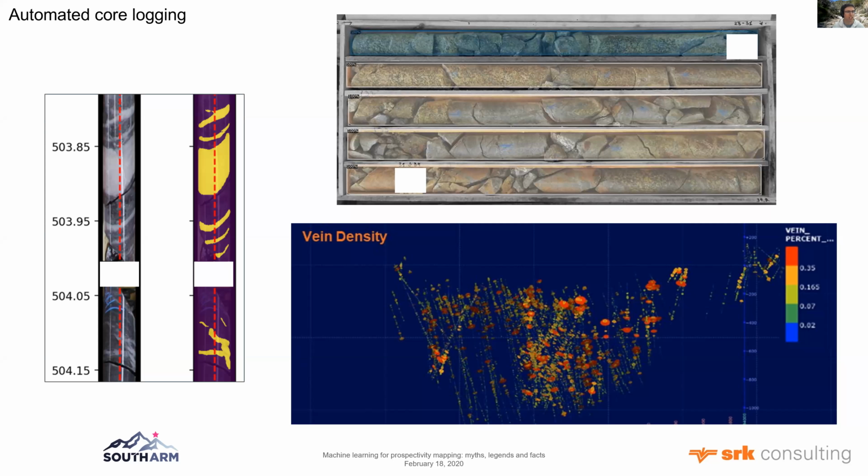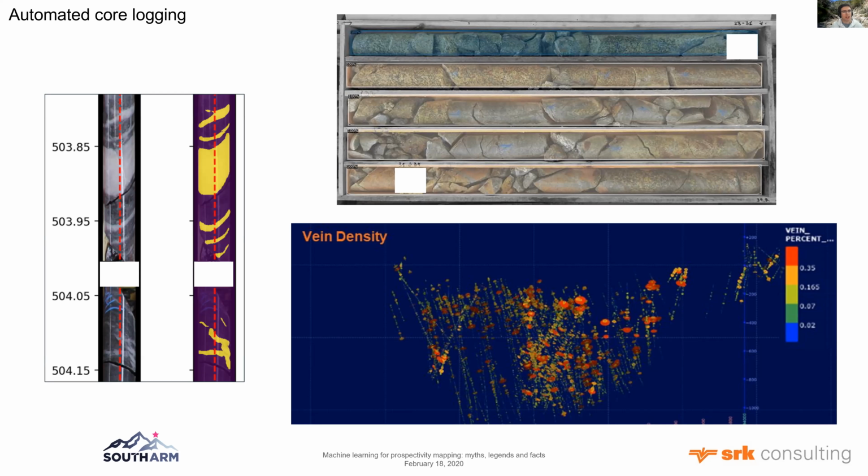The algorithm has mapped to the pixel the location of veins, yellow being quartz vein, blue being not a quartz vein. You can extract this information and put it in a 3D model, like here in Leapfrog, where we have put the location and density of veins in space. You can see the distribution of your veins in 3D, which is a lot harder to do when logging, because it's a very boring, repetitive and tedious process to log every single quartz vein manually.